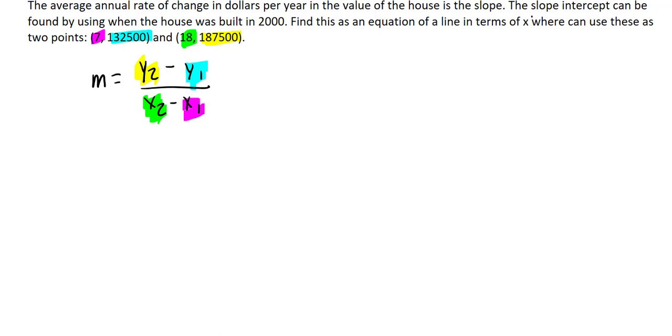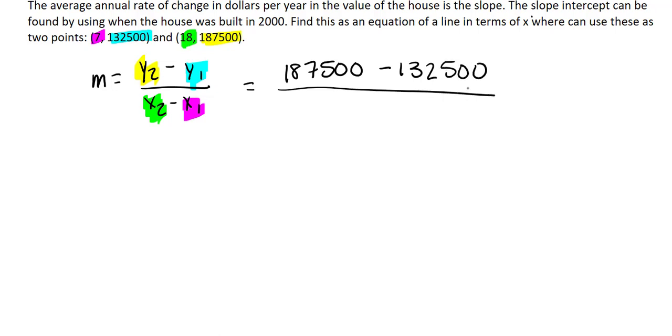Let's plug in all these numbers. We can see 18 minus 7, that's just 11. So we can go ahead and write that.